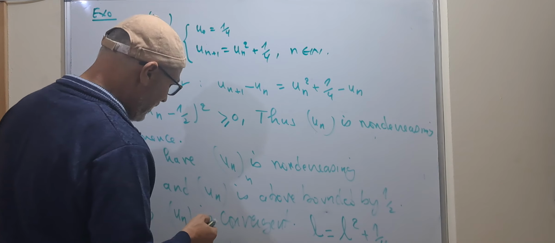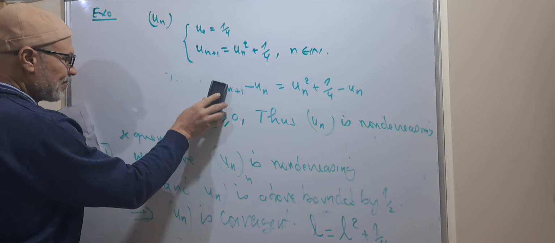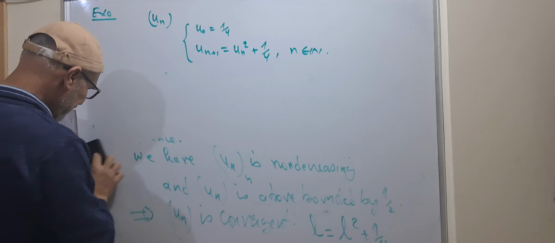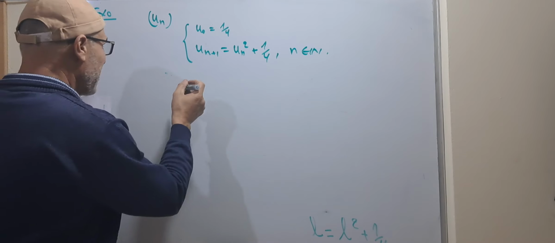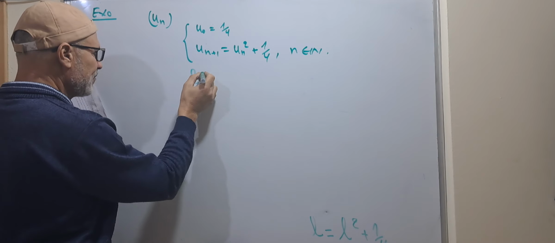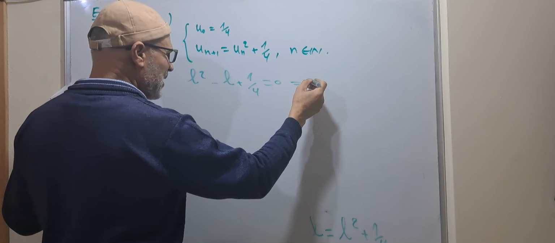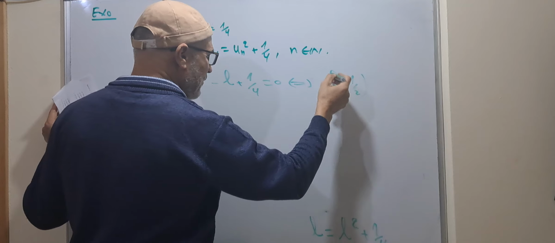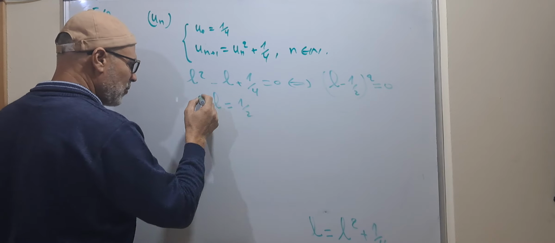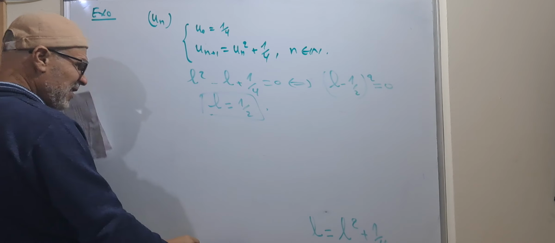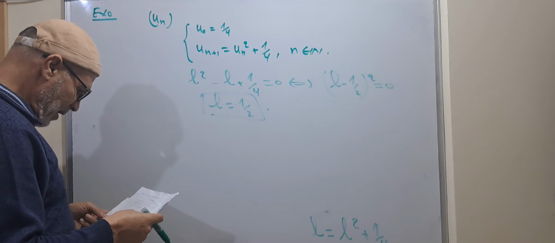But this equality can be transformed to L square minus L plus 1 over 4 equal to 0, which is equivalent to (L minus 1/2) square equal to 0. This means that L equals 1 half. So our sequence converges to the final limit, which is L equal to 1/2.